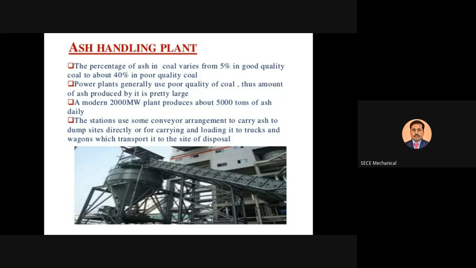So this is the ash handling plant. If you want to handle the ash, you need a conveyor system, and also some loading wagons and trucks are used for handling the ash from the furnace to the ash disposal area.